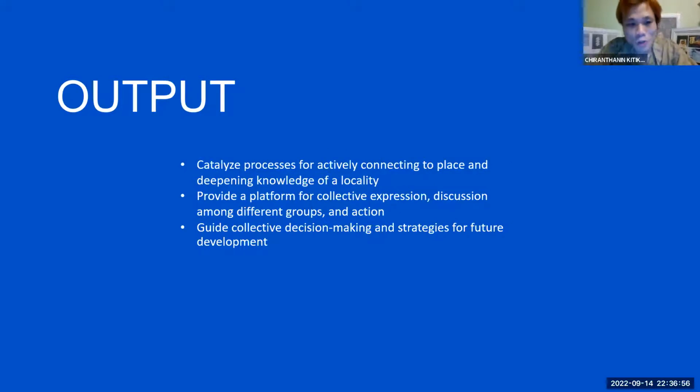And the output, for sure, is that you can catalyze the place, which is acknowledged as the locality, and you will also have a platform to discuss, or you will have the action that you can continue to gather people from now on. This is the foundation for gathering people, and then this will help you find guided collective decisions, right?